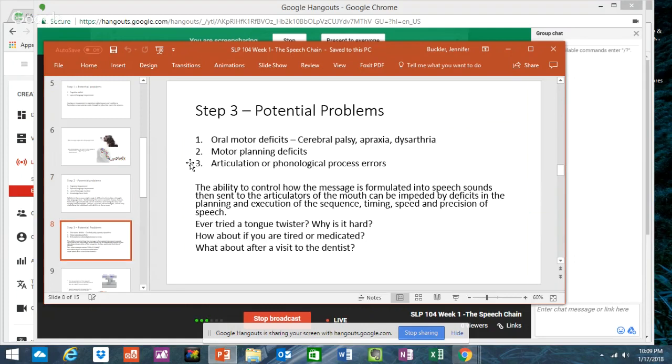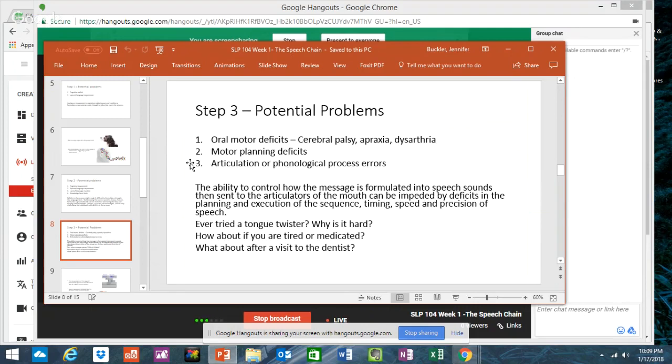Step 3 potential problems could involve oral motor deficits, anything that's going to impede the progress or ability of the motor strip to formulate or to send the neural impulses to the oral mechanism to create sound. So it can be disabilities such as cerebral palsy, apraxia, dysarthria.